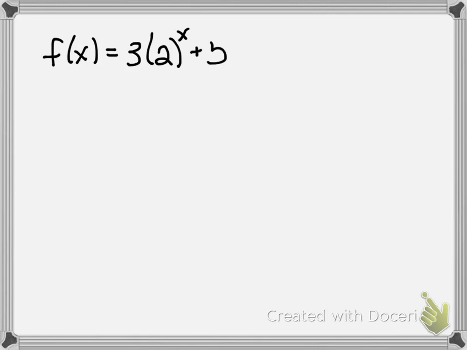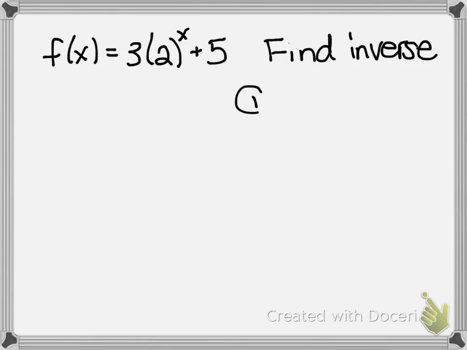So let's try one. If I gave you this equation, f of x is 3 times 2 to the power of x plus 5. And I said, find its inverse. Okay. Remember that the first step to finding the inverse is switch x and y.